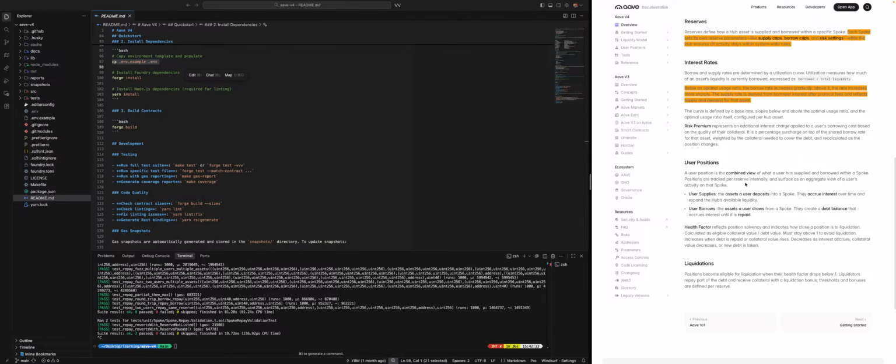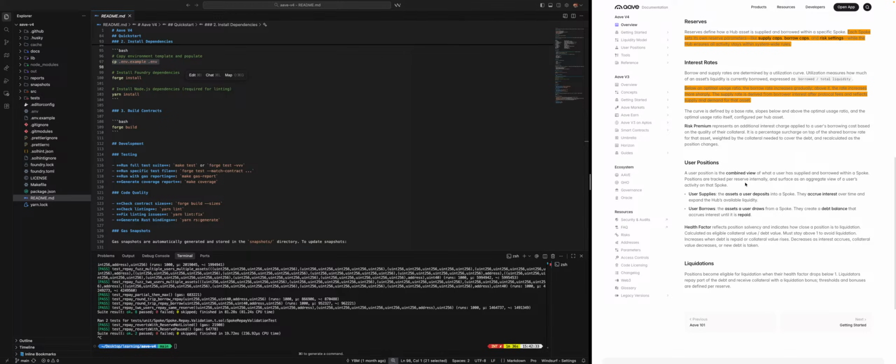The curve is defined by a base rate, slopes below and above, and the optimal usage ratio itself.